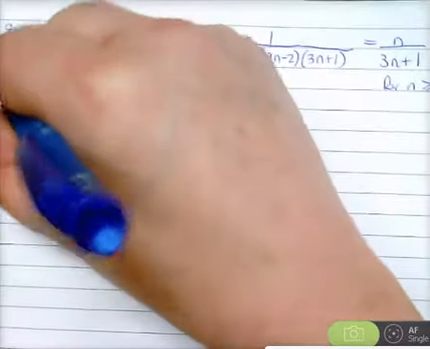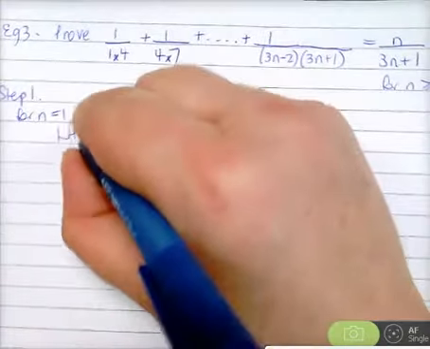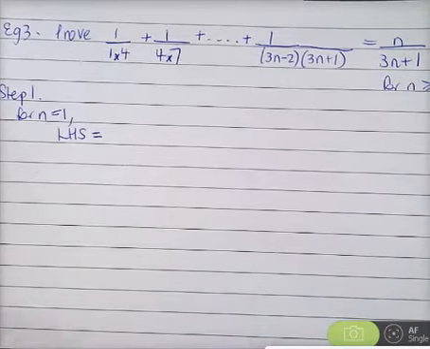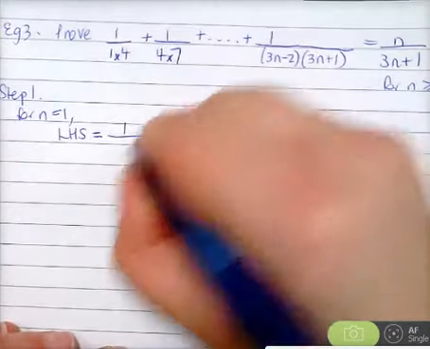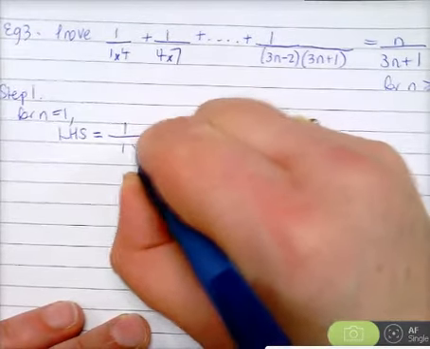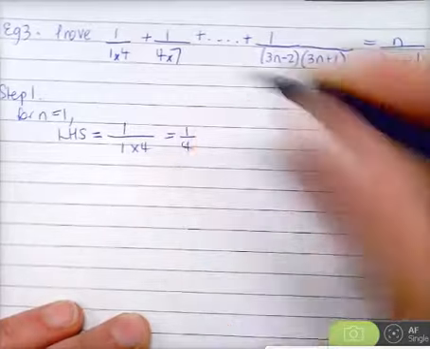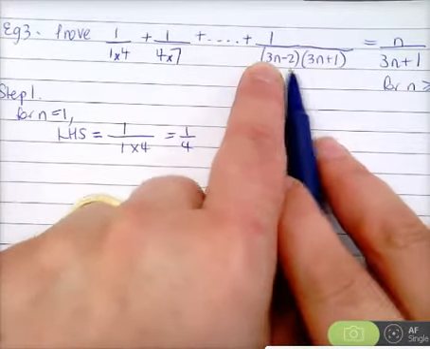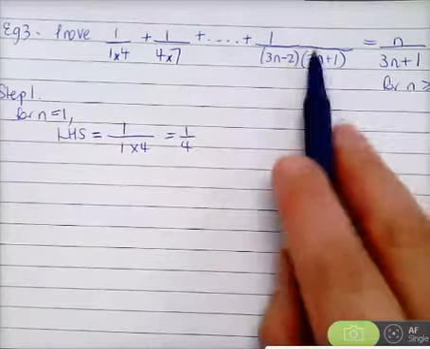Step 1. For n equals 1, what do you get? Left-hand side is, use the formula, or you can just use the first term: 1 over 1 times 4, which is a quarter, or you'd substitute in here, but you will get that.